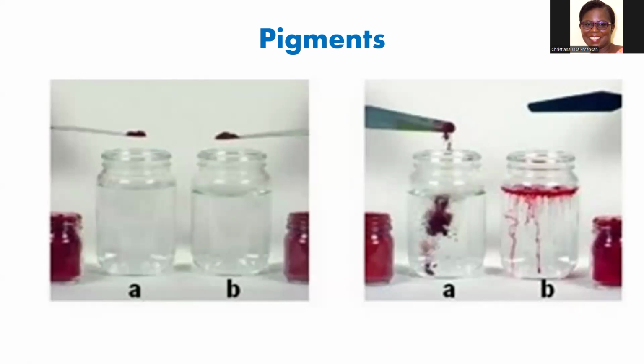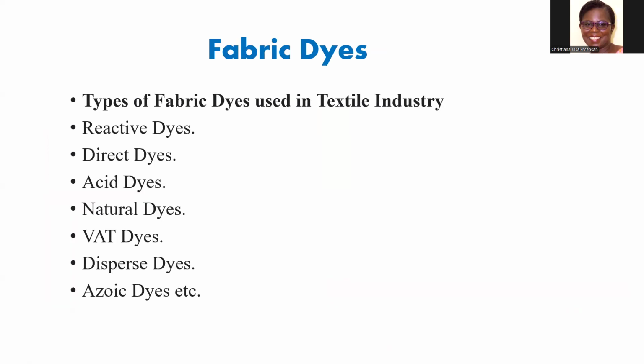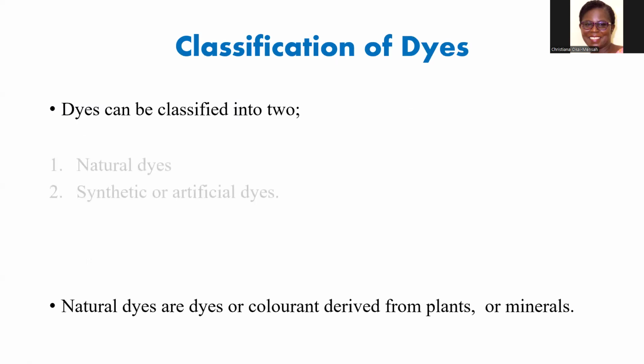It will not mix, it will always rest. But if you pour sugar in water, it will mix. So these are some of the fabric dyes we have. We have reactive dyes, direct dyes, acid dyes, we have natural, vat, dispersed, azoic dyes.